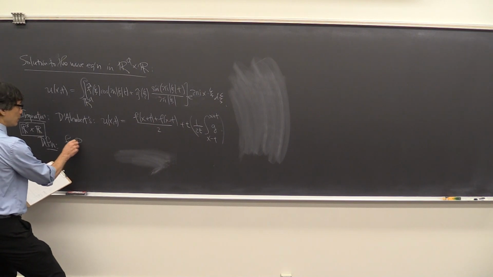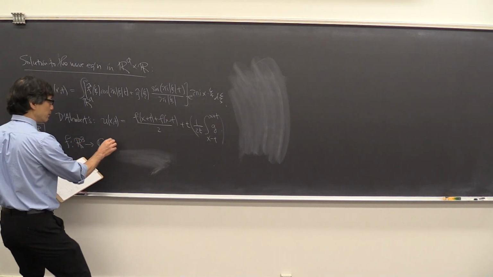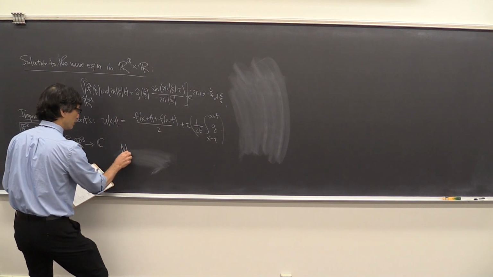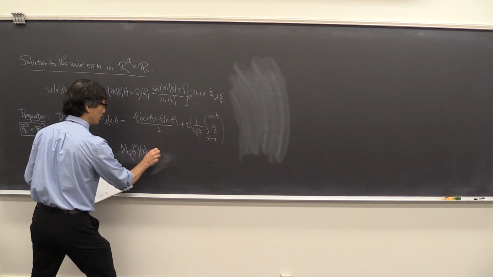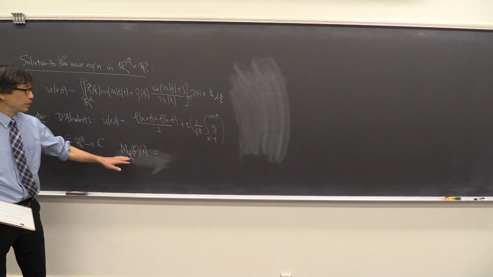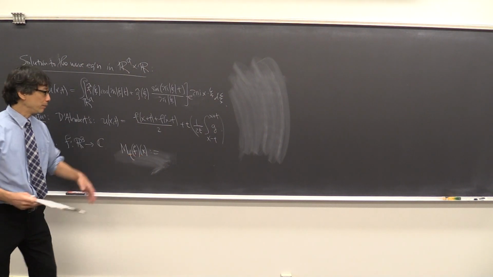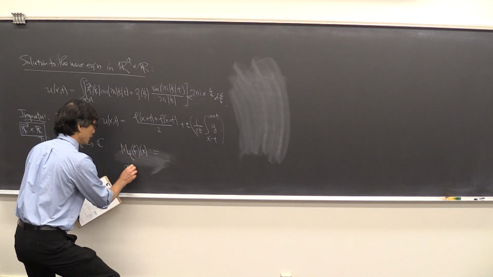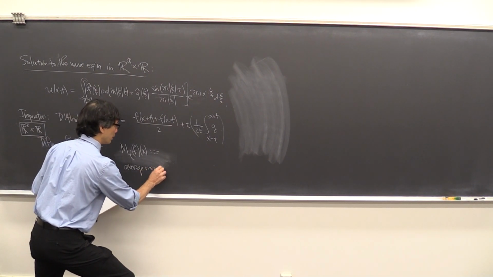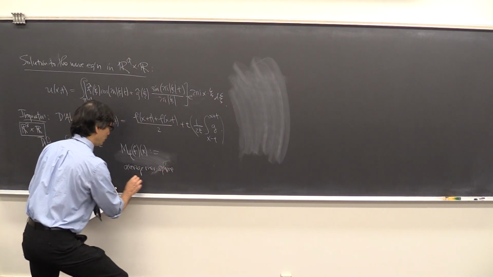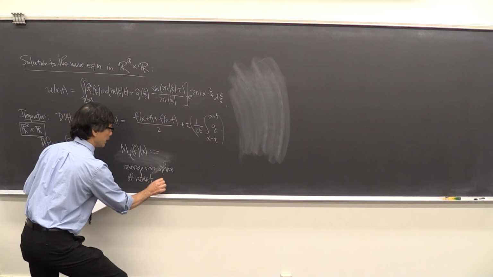So first, start off with a function on R^3, and we define the spherical mean M_t of f at x to be the average over the sphere of radius t, centered at x.